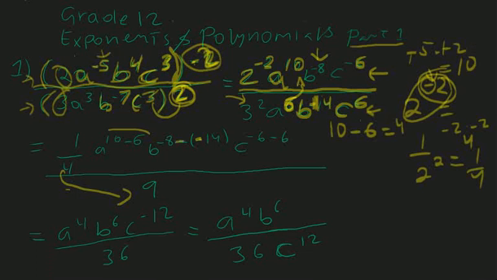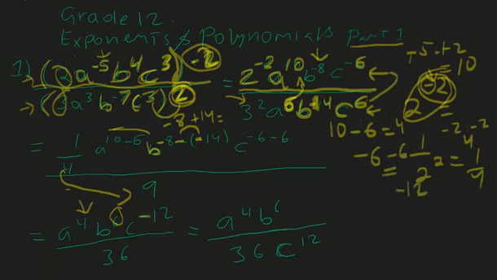So now you have b to the -8. Negative times negative is what? Positive. So this becomes -8 plus 14, also becoming 6. And here becoming 4. And we have here c to the power of 6. So, and then if we move this to the top, -6 becomes -12.